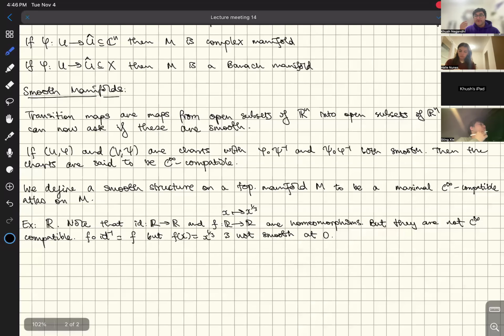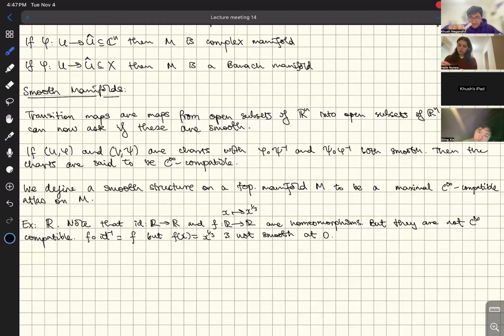So even though the transition map is continuous, it is not smooth. In the topological atlas, both these maps would sit together, but in a smooth structure, these two maps cannot coexist. You have to pick either the first or the second.